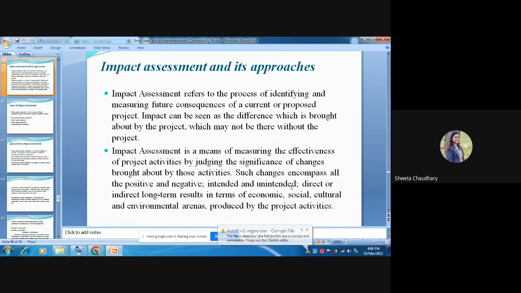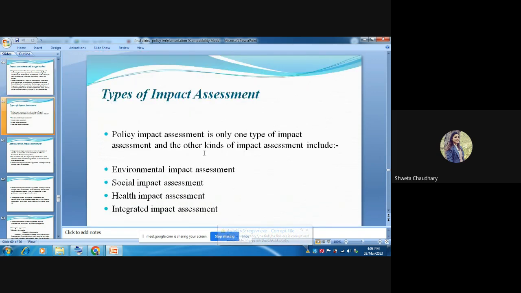Because a thing can be socially good, economically good, but now we also evaluate the environmental impacts of each and every policy. So how will you measure impact? That is through environmental impact assessment, social impact assessment, health impact assessment, integrated impact assessment. These are certain methods of impact assessment.